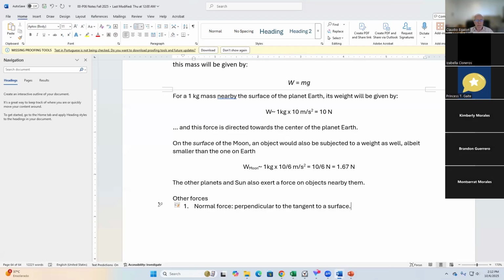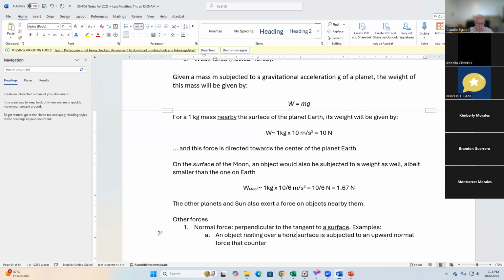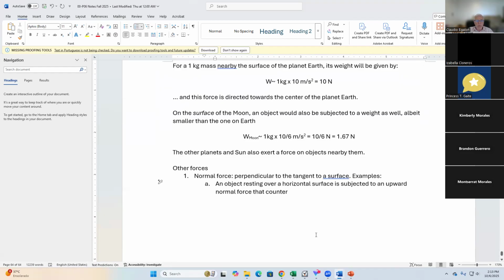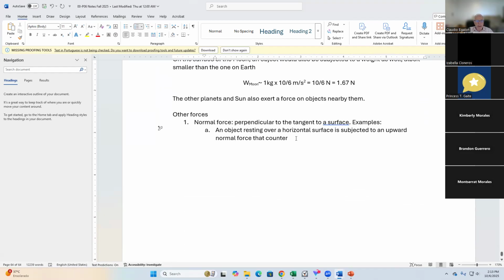Examples. An object resting over a horizontal surface is subject to an upward normal force that counters the weight.